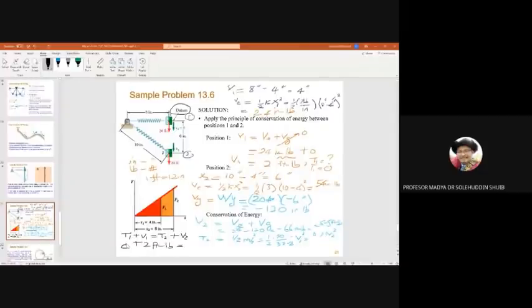And then T2 is the one that we obtained just now, which is 0.311 V2 square. And then V2 is negative 5.5 foot pound. Now you solve for V2.